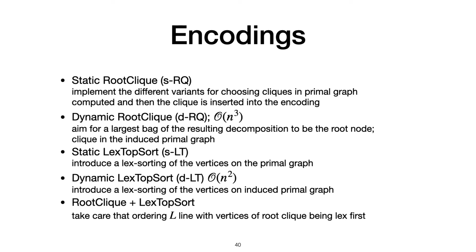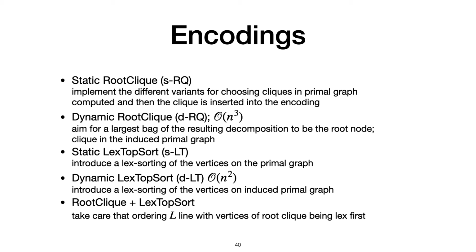Now let's take a quick look at our symmetry breaking predicates and how we implement them. For the static RootClique predicate, we implement the different variants for choosing the cliques in the primal graph. Those are computed beforehand, and then the clique is inserted into the encoding. For the dynamic RootClique predicate, we implement this directly in an SMT encoding that is cubic in size.